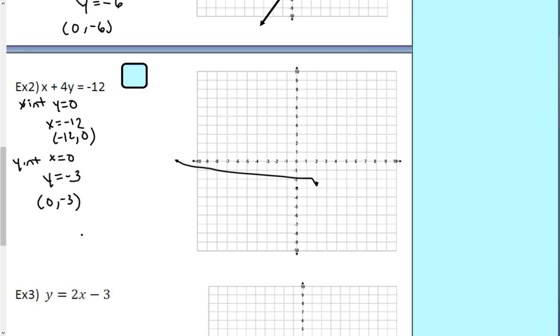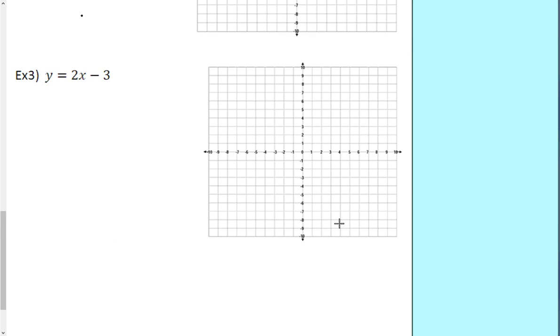Oh my gosh. Let's fix that. What was it? Negative 12, 0. And 0, negative 3, right? Let's see if I can make this correct this time. All right, and the graph of the line is going to look something like that. And there you have it.